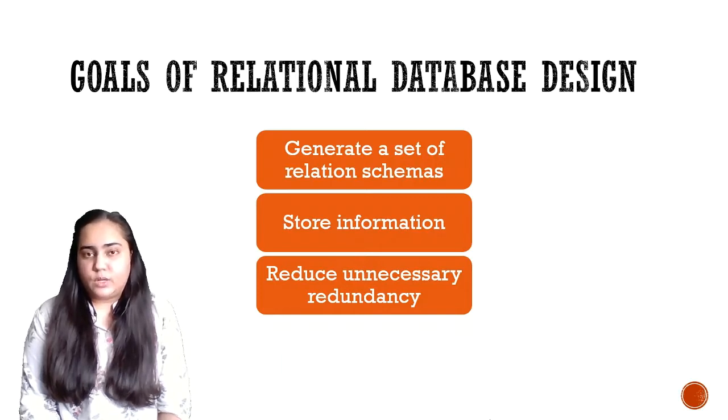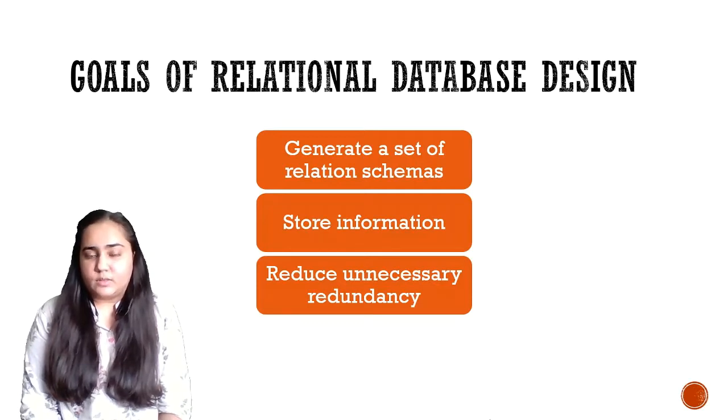Now, because you're storing all the data in one table, and there are at least 5 subjects that each student is studying, you would have to store the data of that student several times. So that means repeating the address of the student, repeating the phone numbers, email IDs, everything.